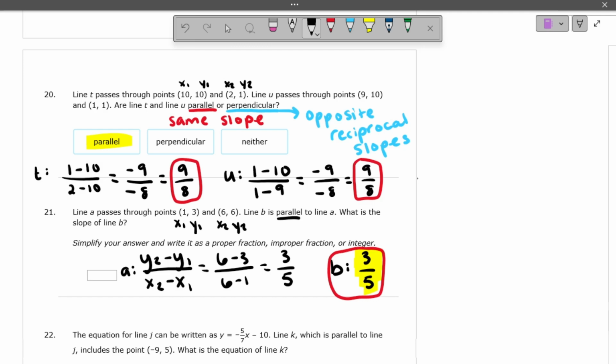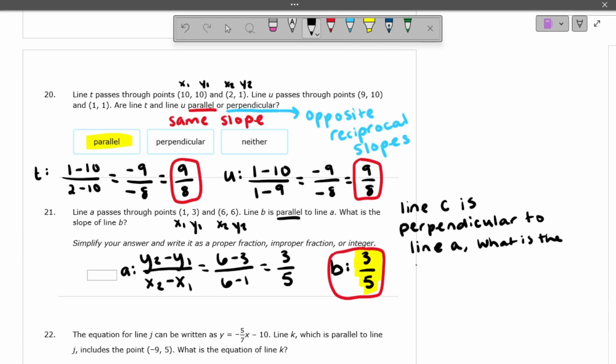And then just to give an example of what a perpendicular slope would be, say number 21 was asking, okay, what is the slope of, let's say line C, perpendicular to line A. What is the slope of line C?